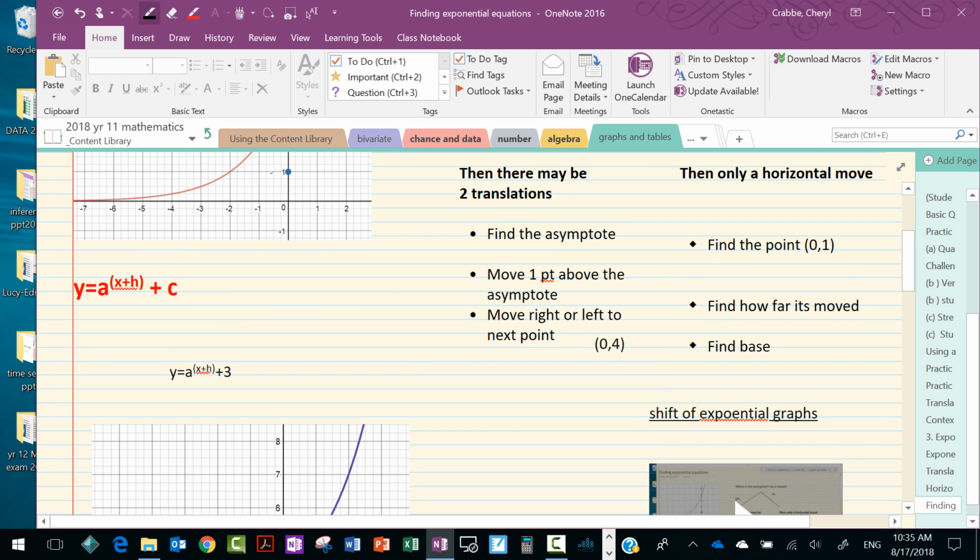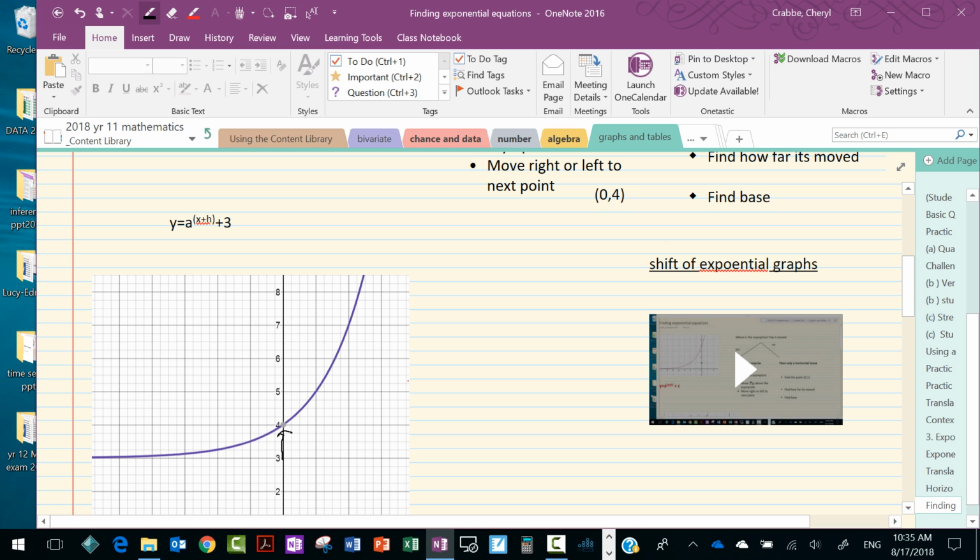And then if the point is moved left or right, that would suggest that we've got a shift left or right. But this one hasn't moved. So this one hasn't got a slide. It's just got a shift up, right? So, I mean, basically the equation is y is equal to a to the x, no shift, plus 3.